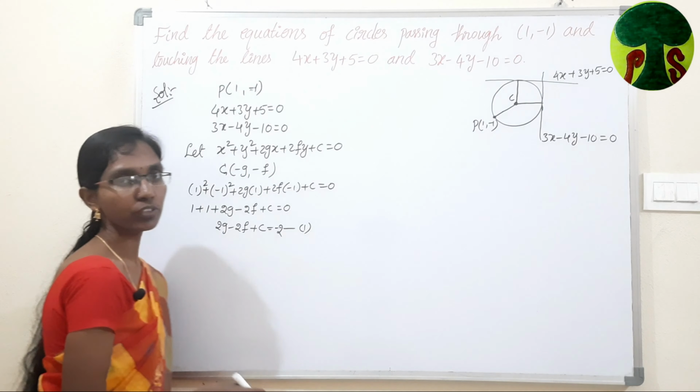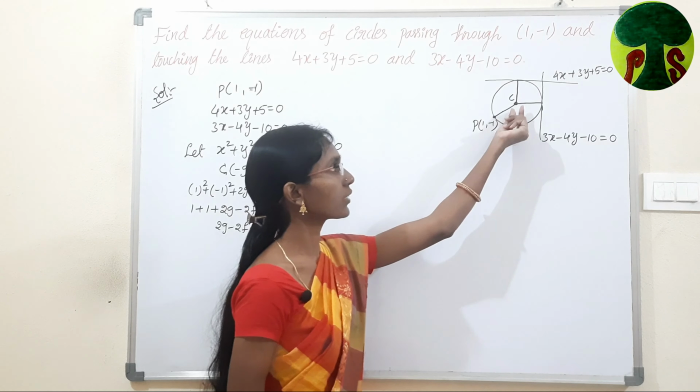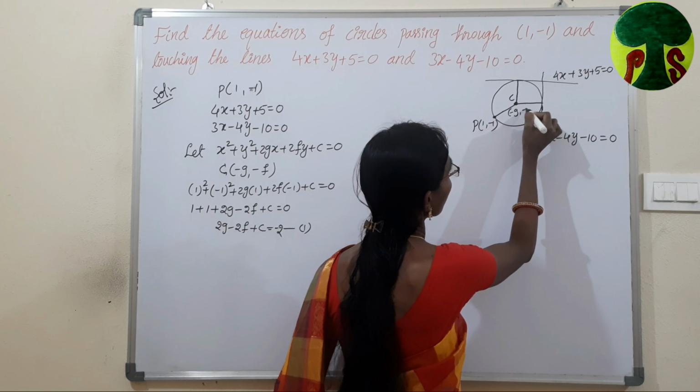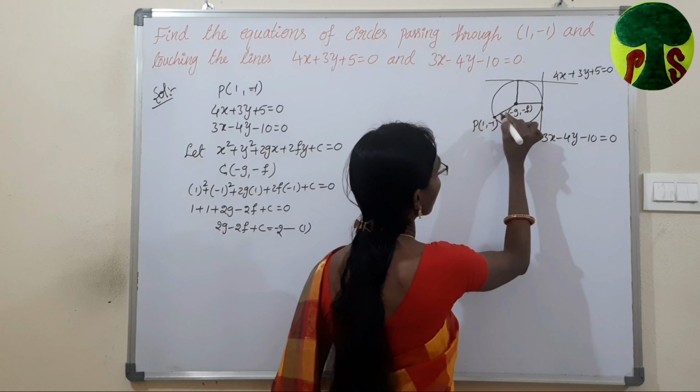Now, we have to equate the perpendicular distances from the center to these two lines. The center is (-g, -f).